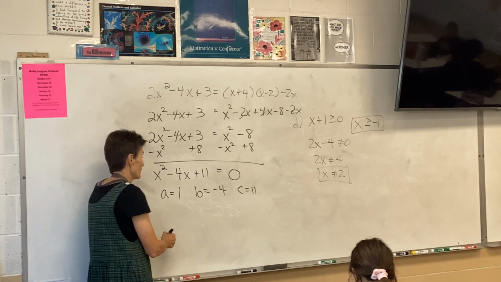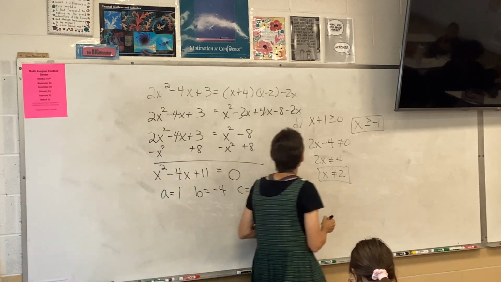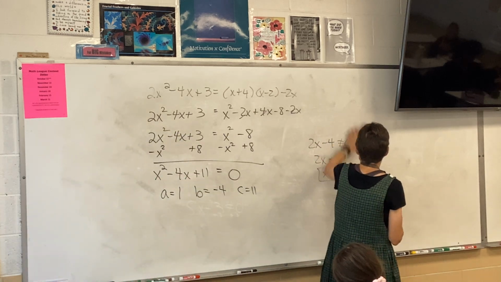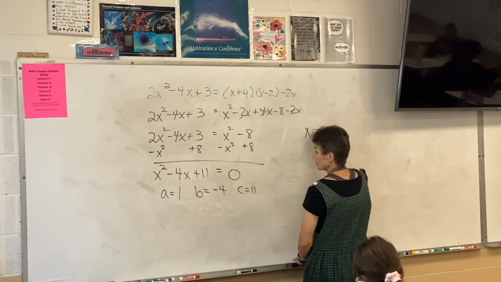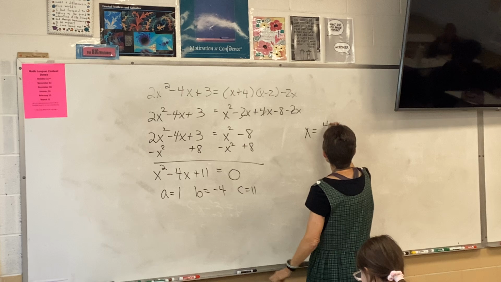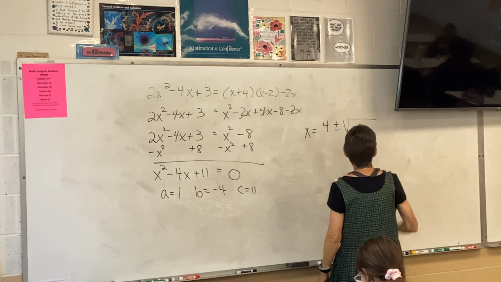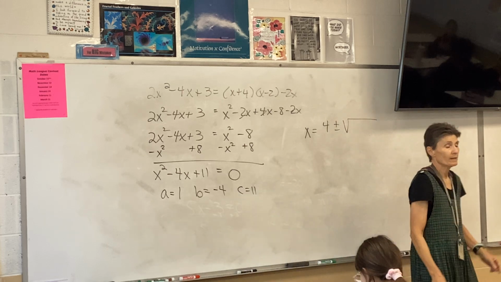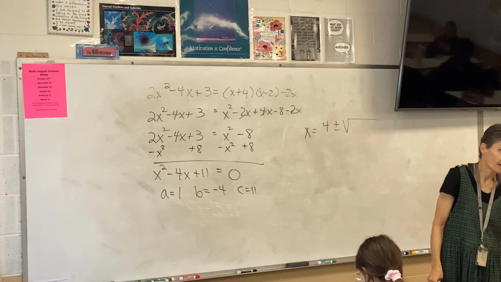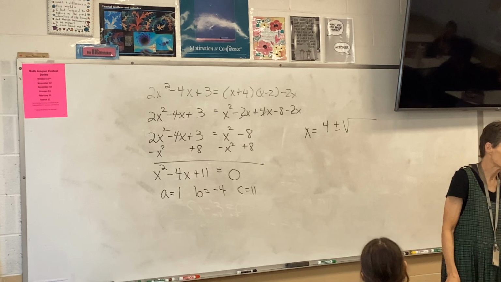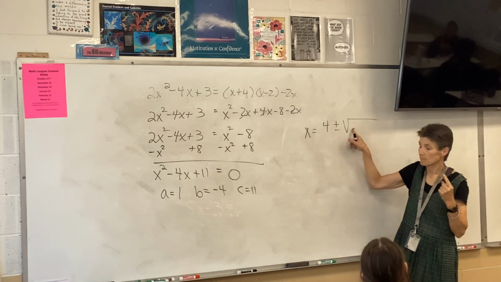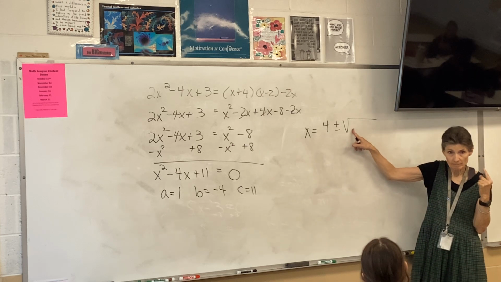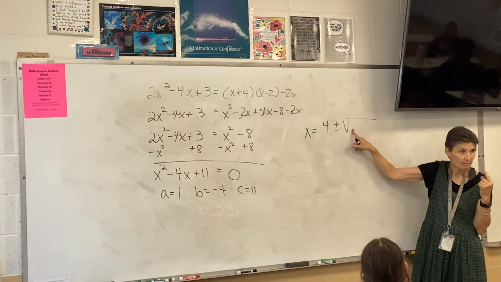Here we go. X equals 4 plus or minus the square root of. I want everybody's eyes looking up here right now, because I'm tired of this mistake. I'm going to put b squared here, right? B squared. What's b? -4.